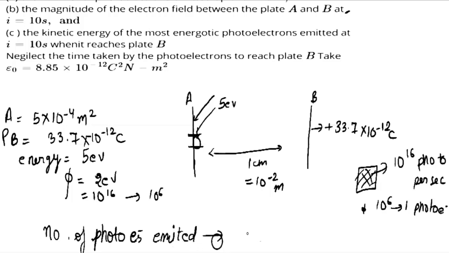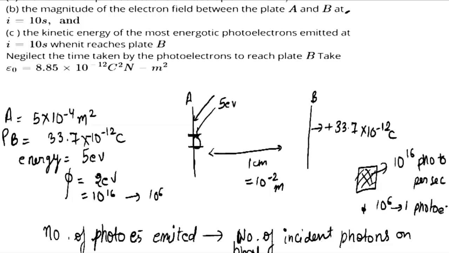For this, first we have to find the number of incident photons on plate A.